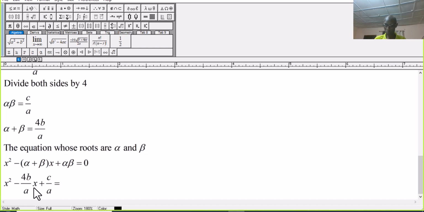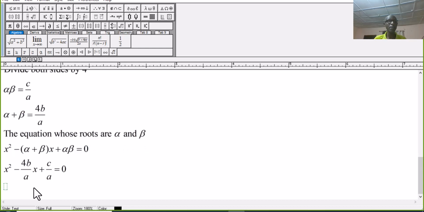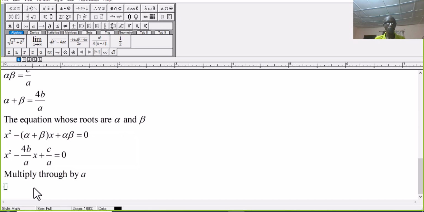So multiply through by a. So we have ax squared minus 4b x plus c equals to 0.